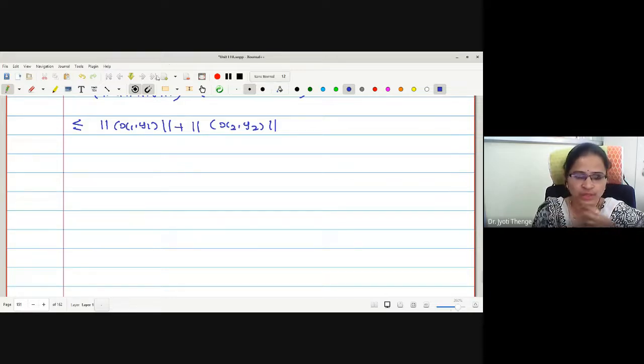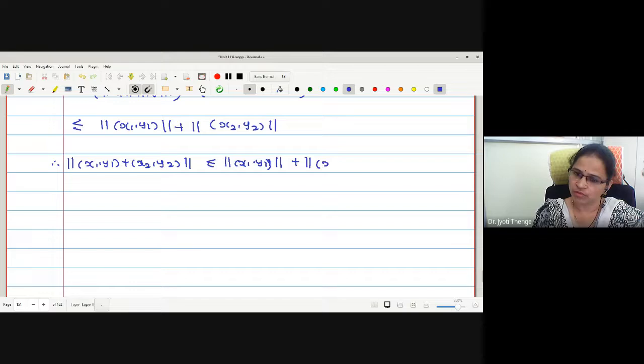Okay. Now what remains is the fourth condition, the scalar multiplication property. If you want, you can write this statement again. I think it is better to write. We have proved less than or equal to norm of (x1, y1) added with norm of (x2, y2).